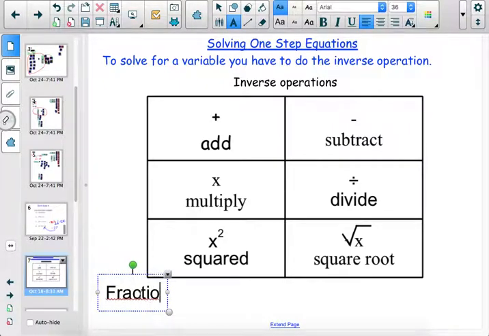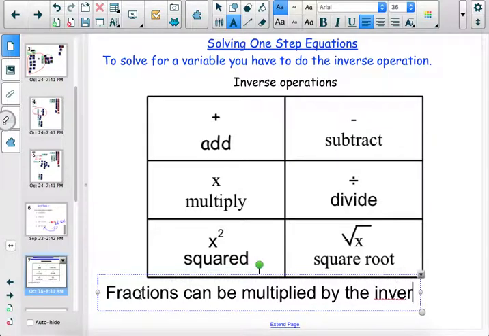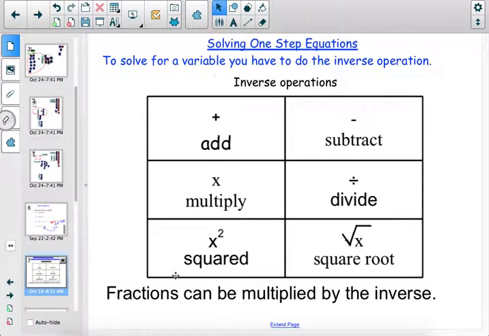Fractions can be multiplied by the inverse.